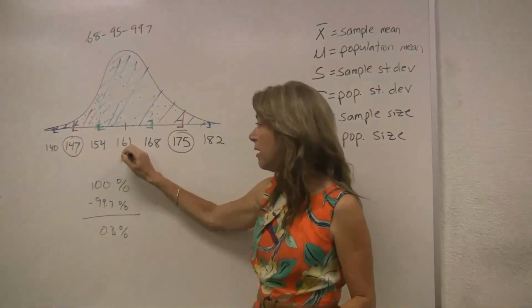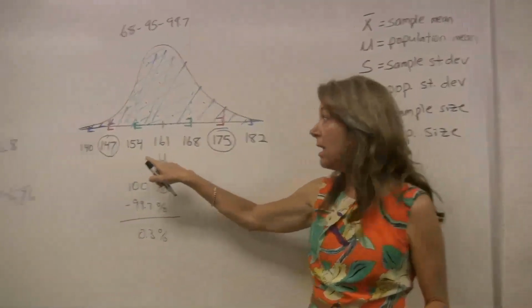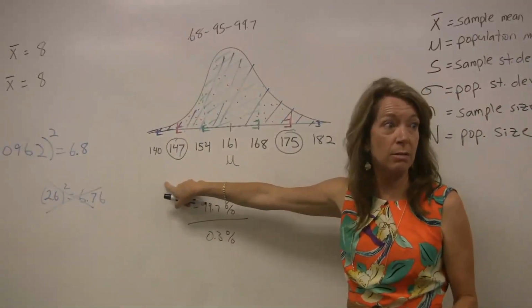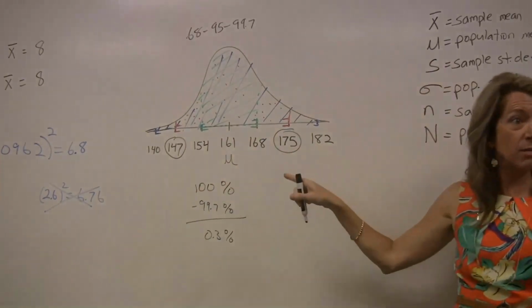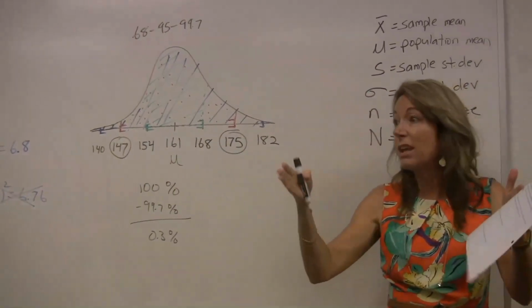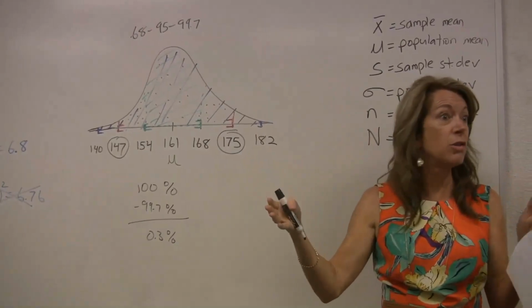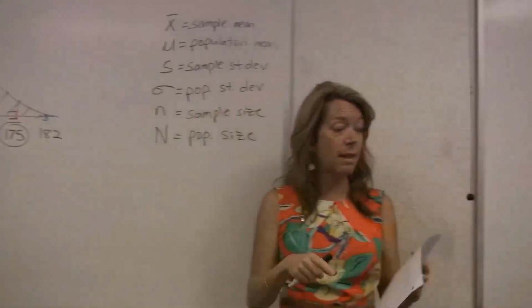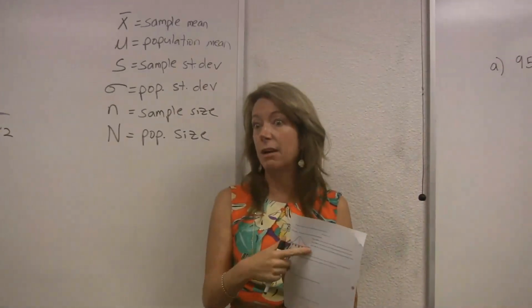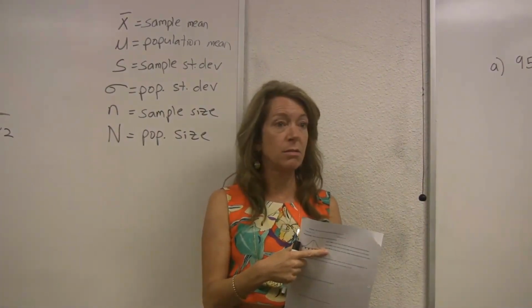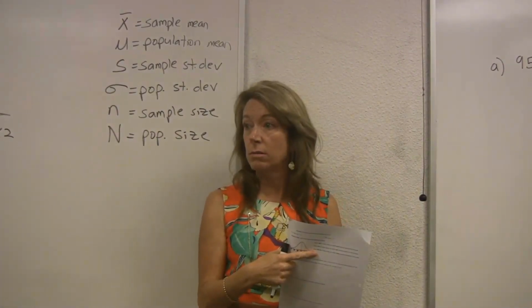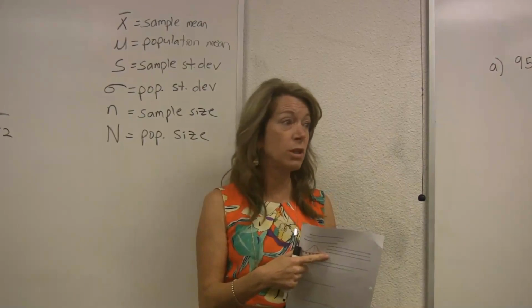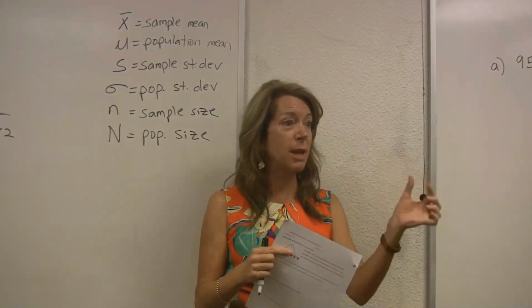Remember, this is mu right here in the middle. So she says that's 2 standard deviations below. That's 2 standard deviations above. So all those people are within 2 standard deviations. They're not more than 2 standard deviations away. And that's what the rule tells us. That's 95% are within 2 standard deviations. Okay with that one? There's no work to do besides recognizing it was 2 steps away.